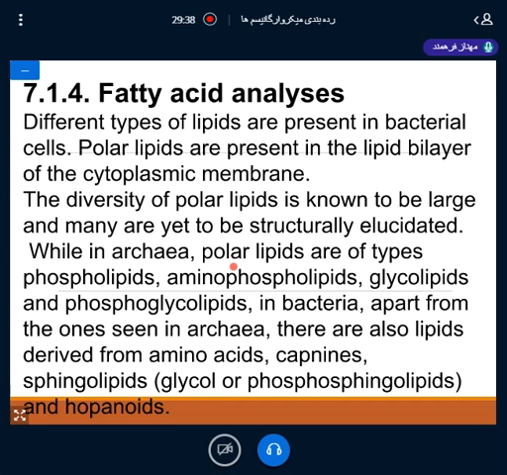Now we are studying phenotyping methods. So fatty acid analysis is a method for taxonomy of bacteria related to phenotypic characteristics.